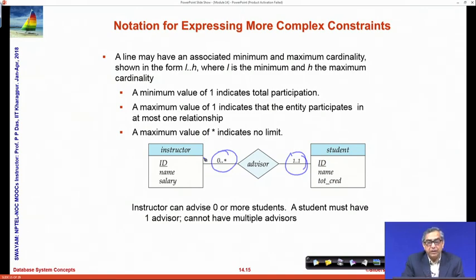So, any instructor can advise any number of students. These kinds of precise number constraints can be put in addition to the one to many, one to one, many to many kinds of notations in the diagram. When we do that, we have the precise cardinality of the complex relations that exist.